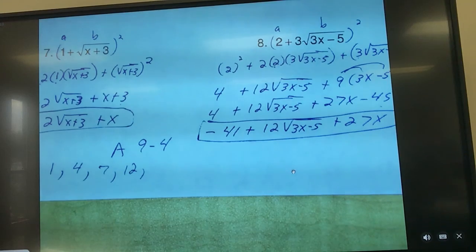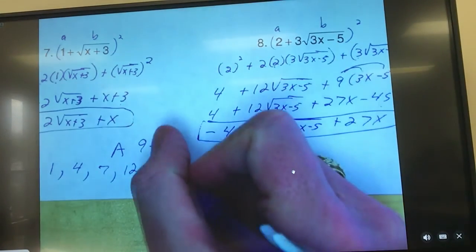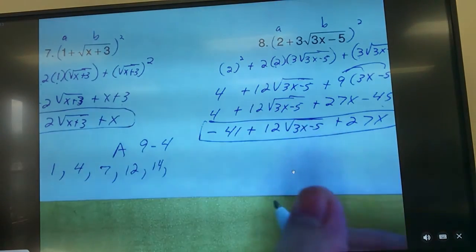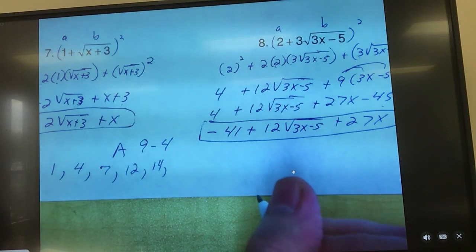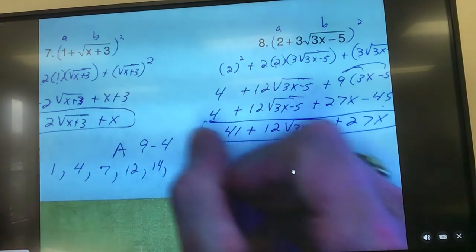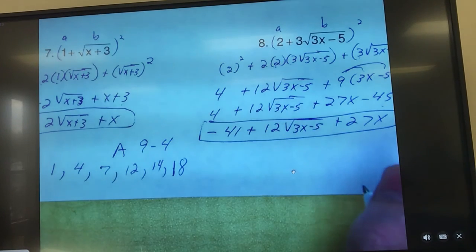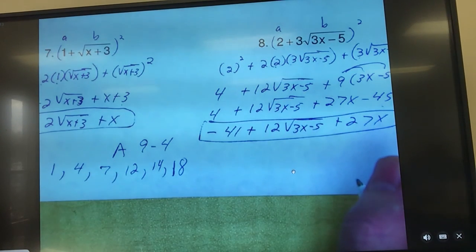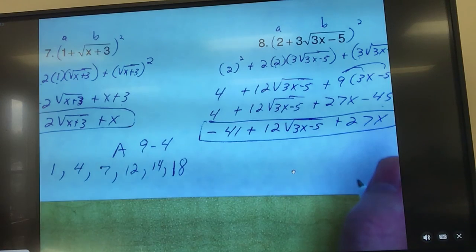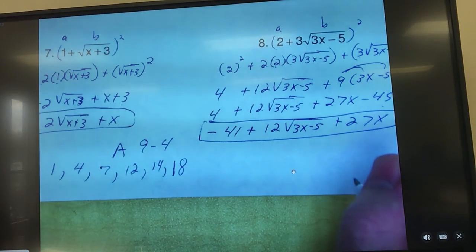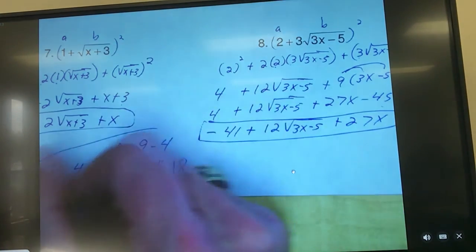Let's do number 14. And let's do number 18. And you want another easy one? Sure. Oh, that's good. That'd be good. That's even. Alright, that's it.